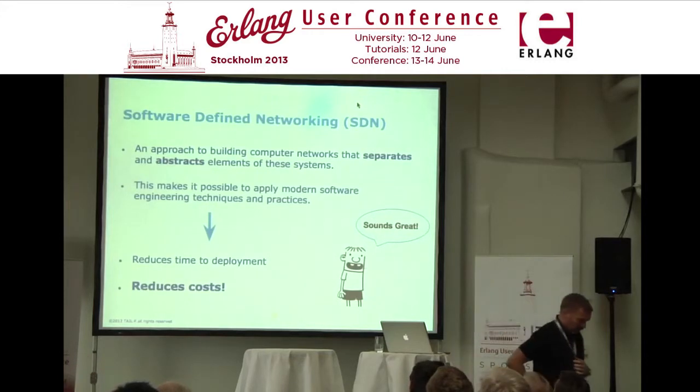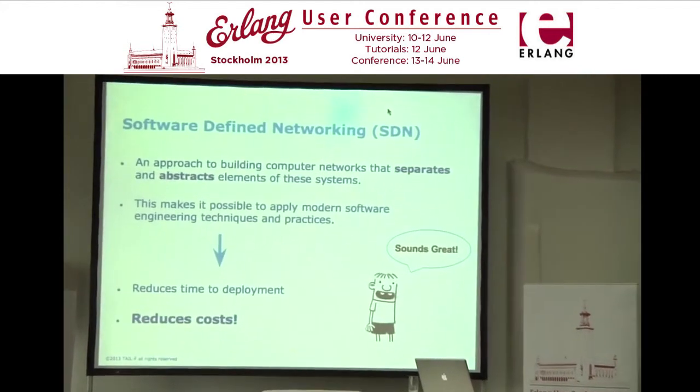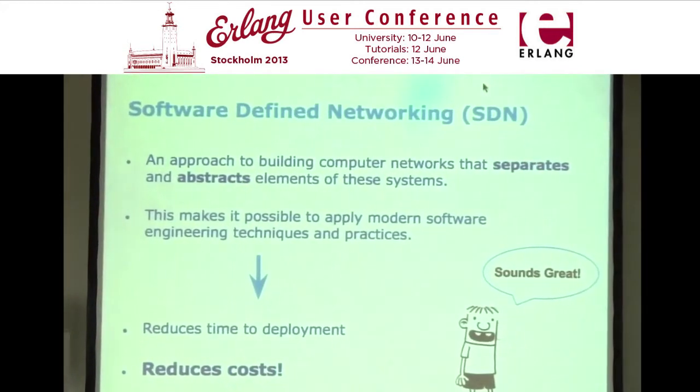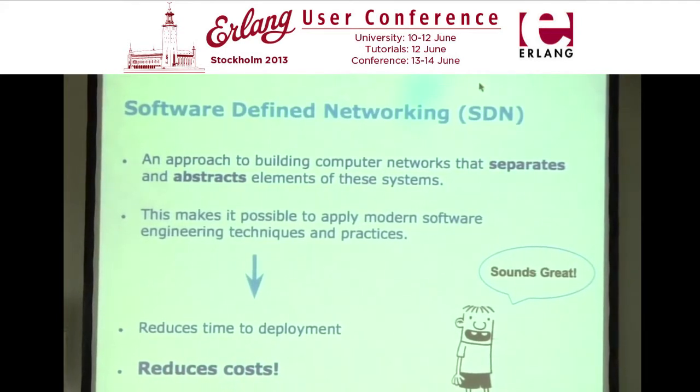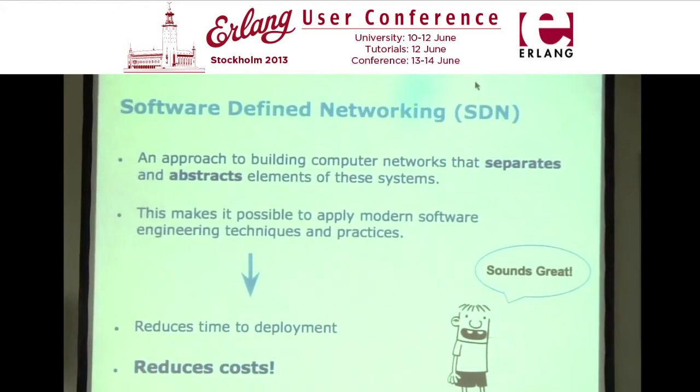So an acronym that has been becoming really hot the last year is Software-Defined Networking, SDN for short. If you have a large, complicated system, you often try to understand it.